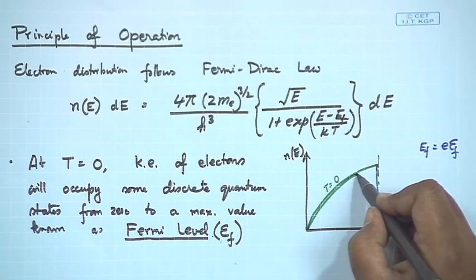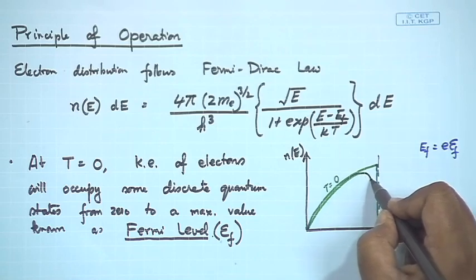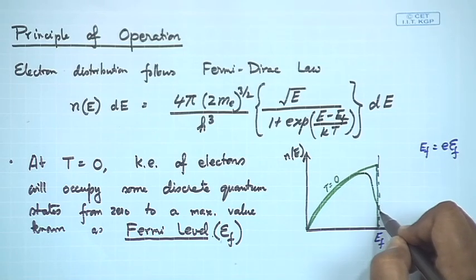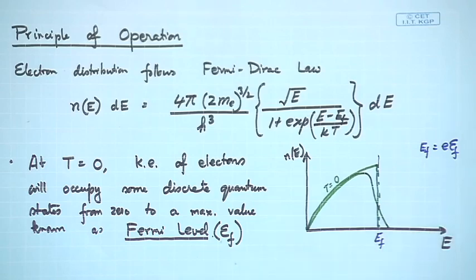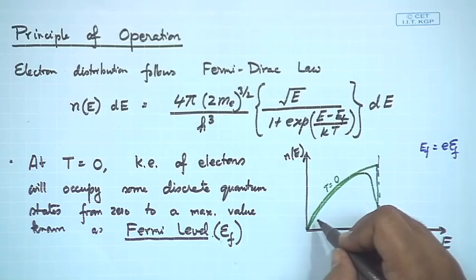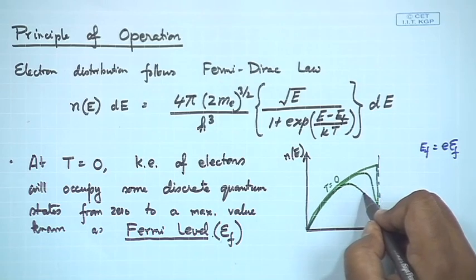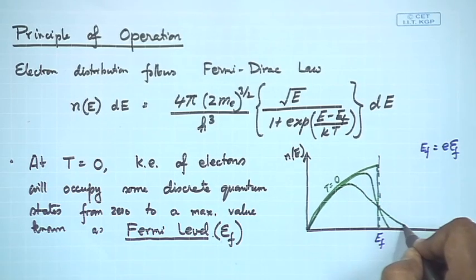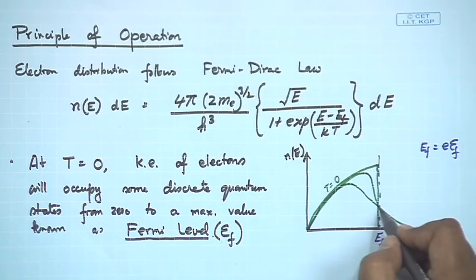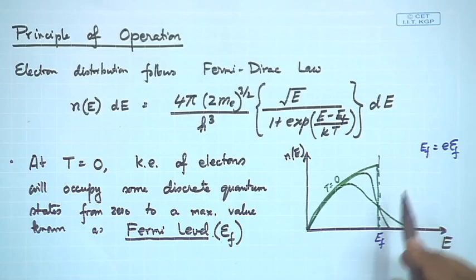It goes like this, and some of the electrons will be in this manner. Then I increase it even further, it goes like this, and so this is how it continues. You can see that there are some electrons, as given by N E, which are above the Fermi level.